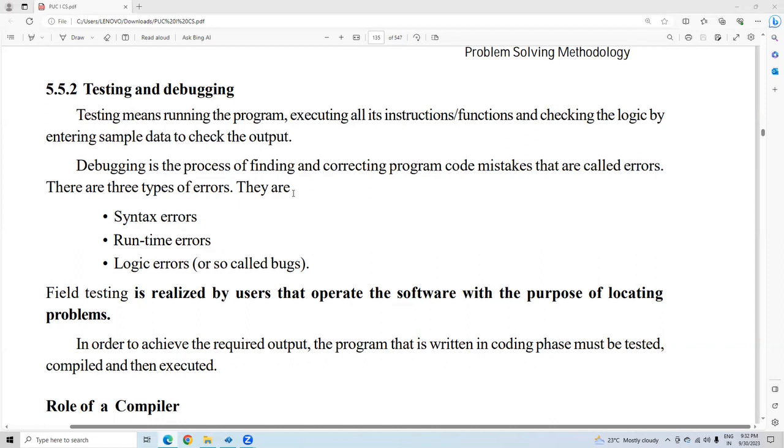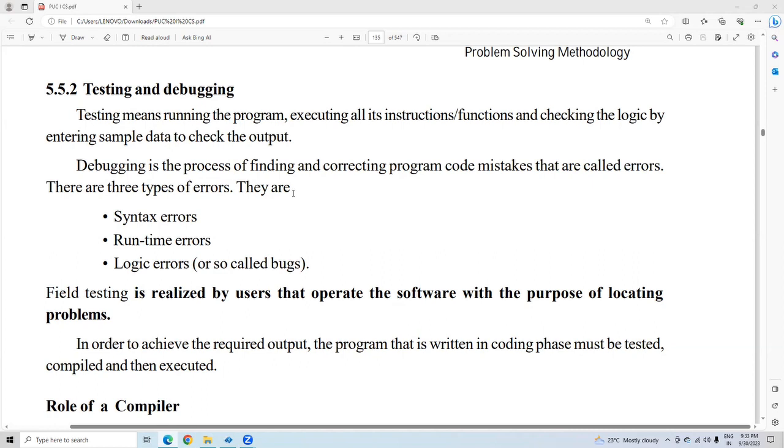Based on the various sample data given to the program, if it is working perfectly, then the program is successful, right? Until and unless this team clears that the program is tested okay, we can't move it to the further section.